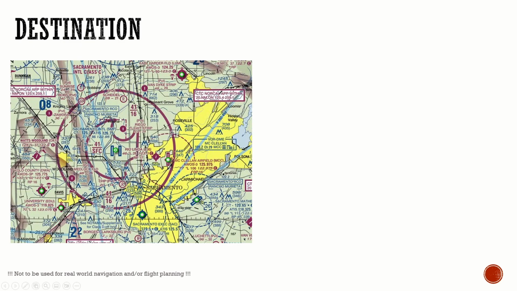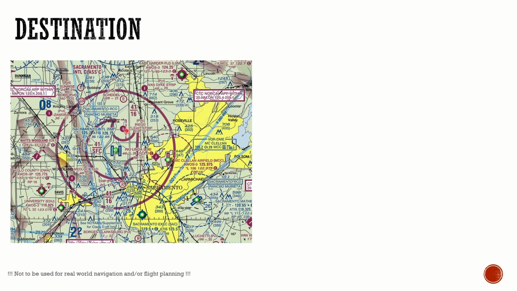The destination, as I said, Class Charlie. We can see these maroon circles around Sacramento. The surface portion has some area excluded from it because there is another airport there, Riego flight strip, private.